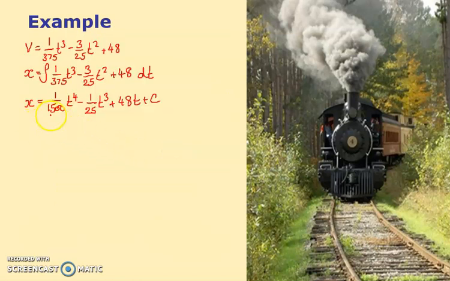So if you put 0 into this, x is 0 when t is 0. And the reason why that's so nice is that c equals 0 as well. All that cancels and c equals 0. And so x is simply 1 over 1500 t to the 4 minus 1 over 25 t cubed plus 48t.